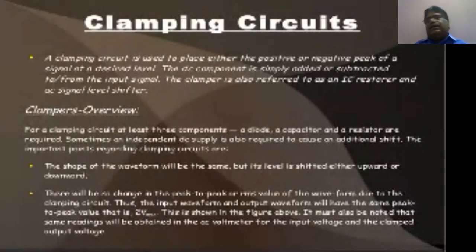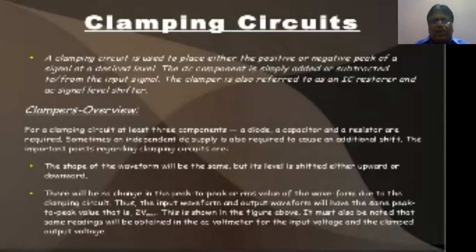Next, clamping circuits. So in the previous section, clipping circuits are over. Now, clamping circuits. So what is clamping? That is very, very important. A clamping circuit is used to place either the positive or the negative peak of a signal at a desired level.